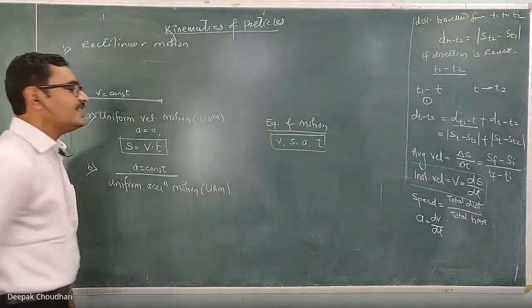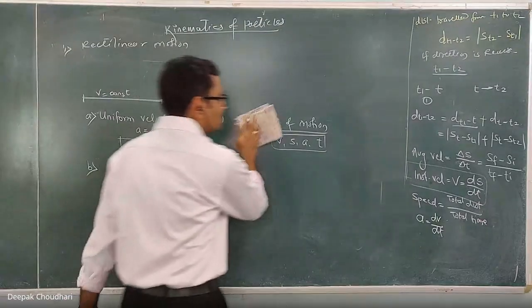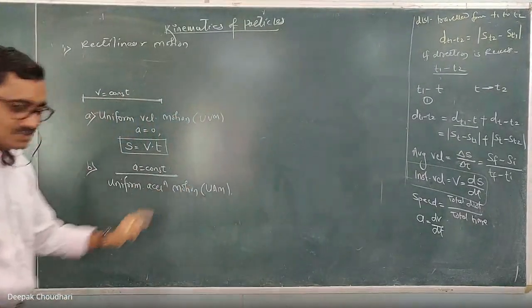If any particle is moving with uniform acceleration motion, can you tell me which equations of motion we can use for it?